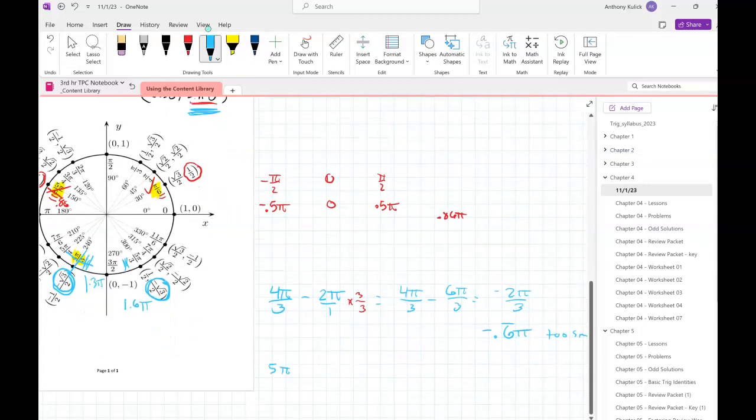We have 5 pi over 3. That was too big. So should we add or subtract 2 pi from this? Subtract, because it was too big. We need to make it smaller. We'll make a common denominator the same way.